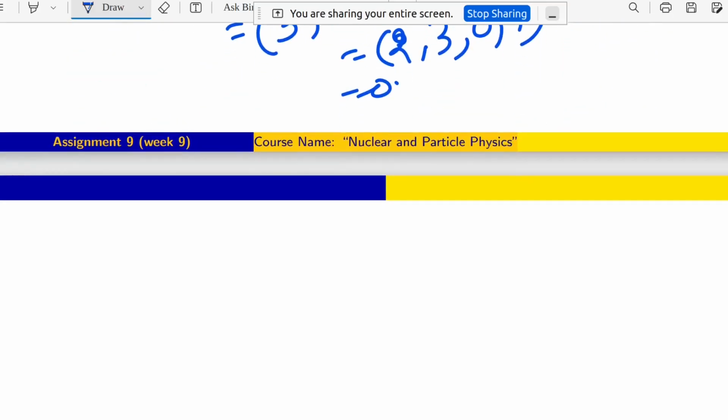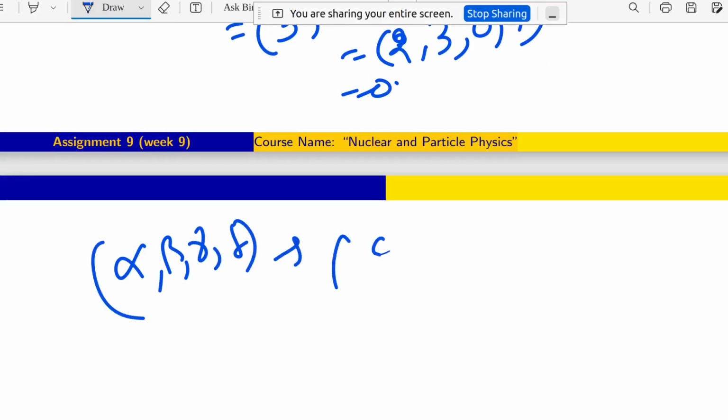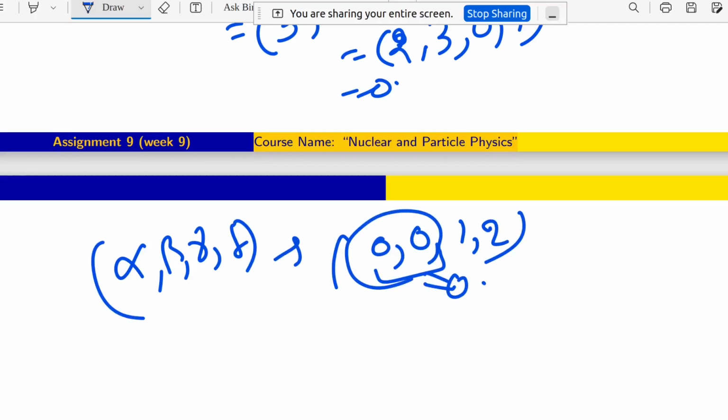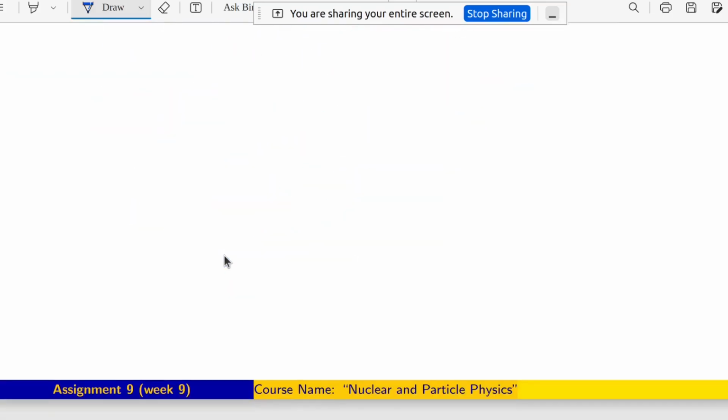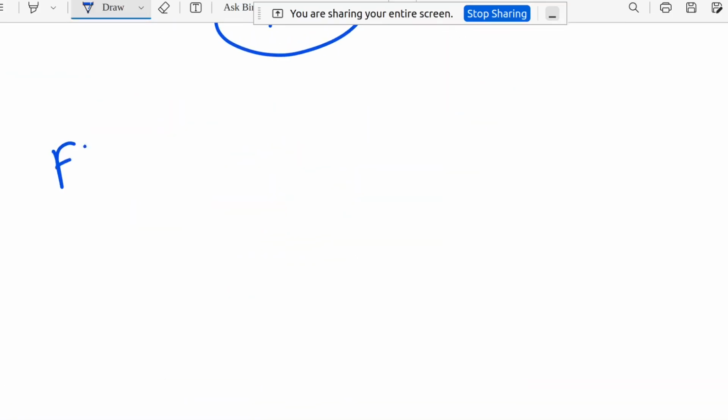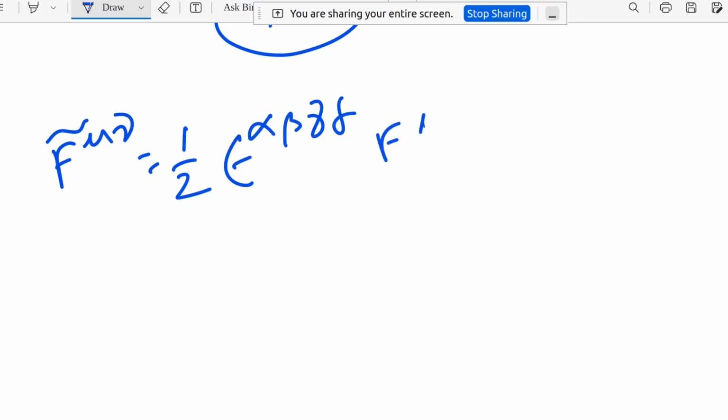Why? When will it be 0? Let's say alpha beta gamma delta is like 0, 0, 1, 2. These two are equal, so obviously it will give a 0 value. 1, 1, 0, 2, that type of combination will also give a 0 value. So like that. Now F mu nu tilde was half epsilon mu nu alpha beta F alpha beta.